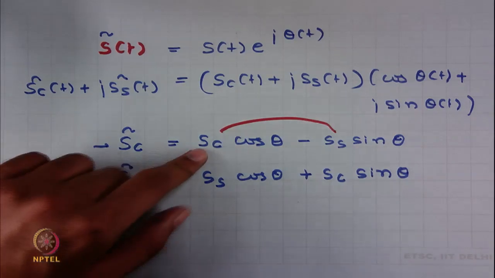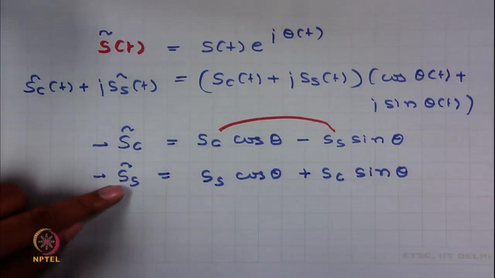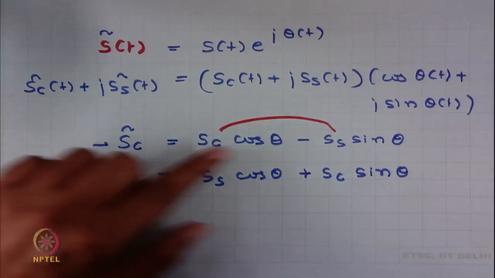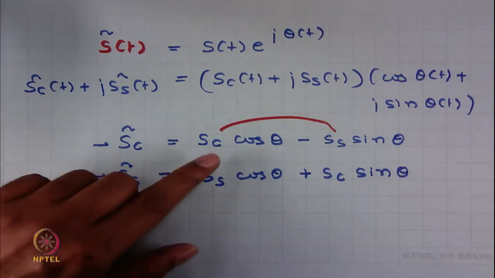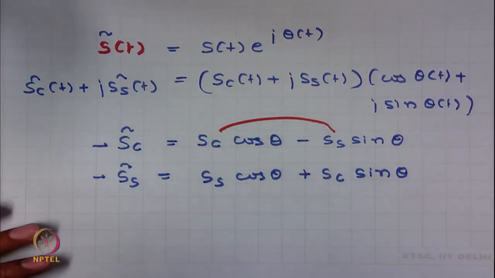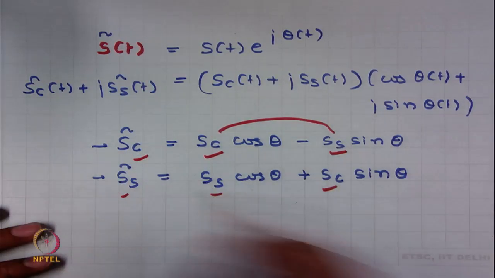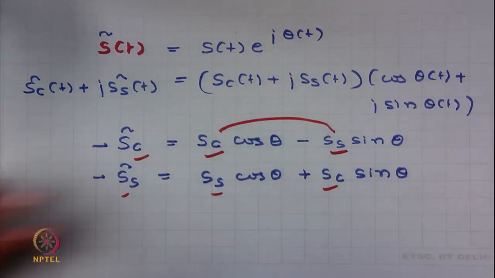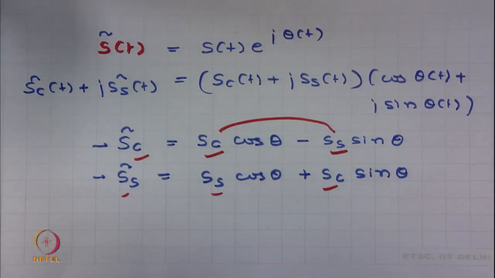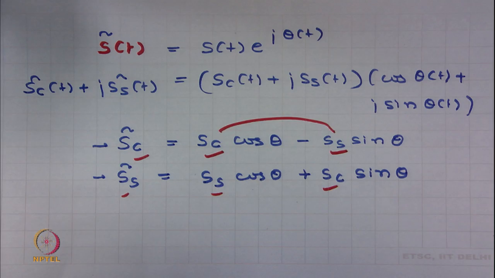When the receiver receives SC tilde and SS tilde instead of SC and SS, but he was expecting SC and SS, he knows what he expected and what he is receiving. Based on this he can calculate theta, and he can adjust the phase and the frequency of the carrier by knowing this value of theta.